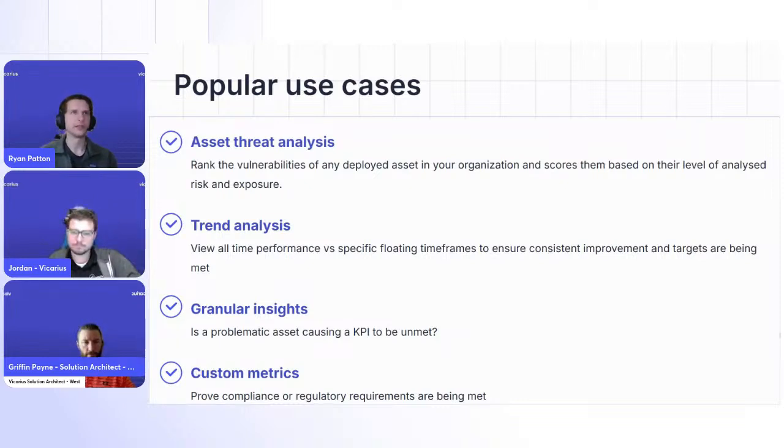The granular insights, this is one that we had a real world example of a couple weeks ago, where we were speaking with a customer, and the trend from a 30,000 foot view looked like it was not on track to meet what they were looking for, and it actually looked pretty poor. In this case, it was a service provider where they're using this tool to show their customer the value that they're providing. How are we protecting their network, their endpoints?